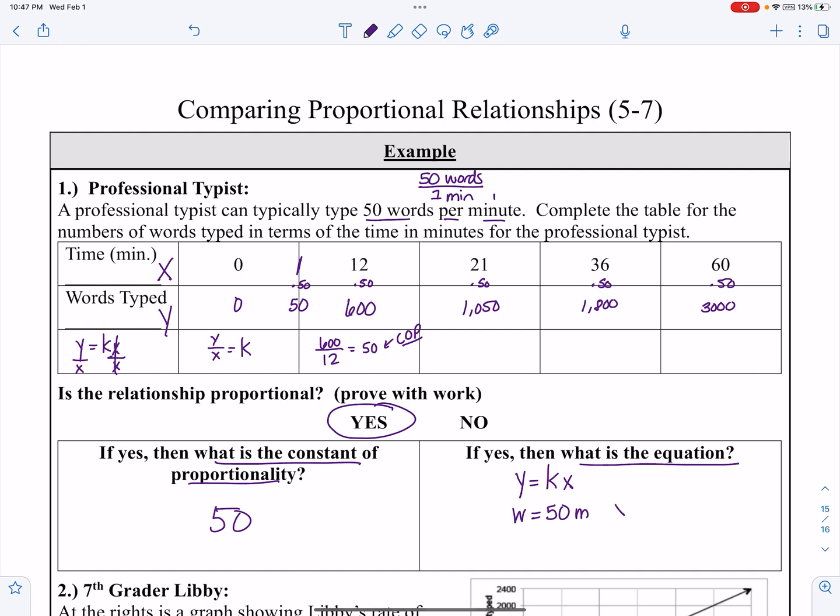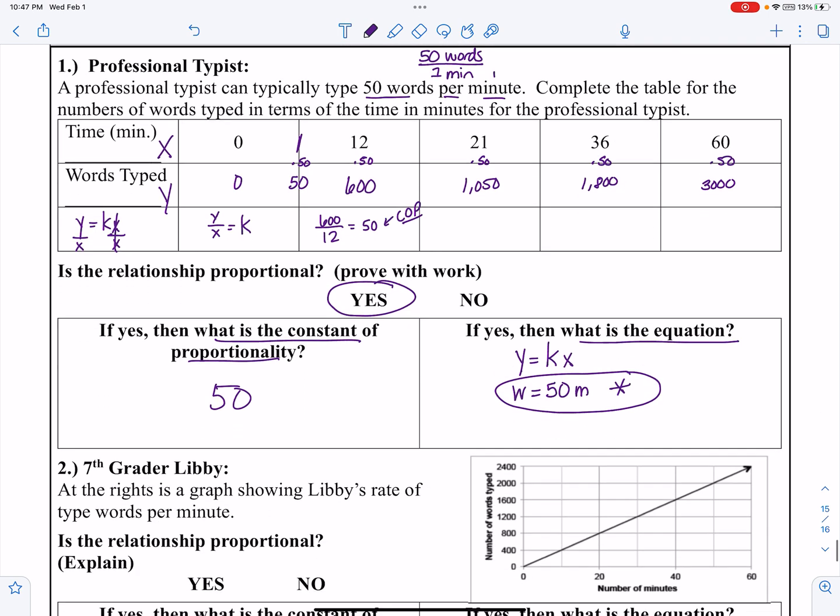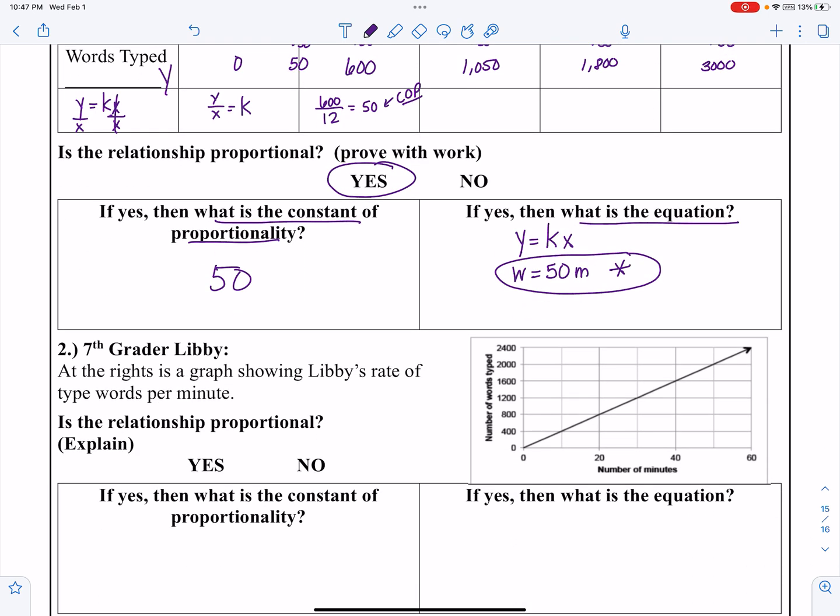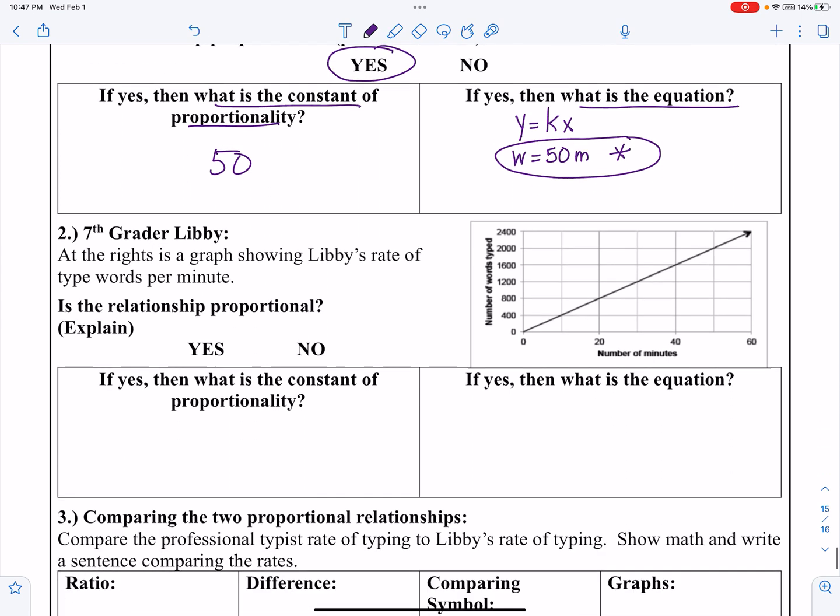This is something new that you haven't really done before, and this is a proportional equation that would create a graph that goes through the origin (0, 0) and is a straight line. Those are our two characteristics we have to have.